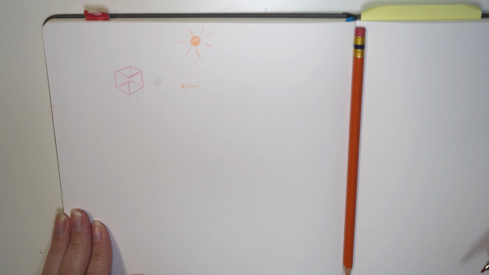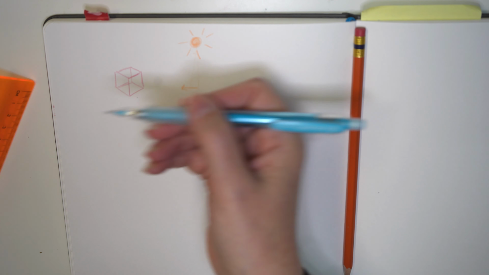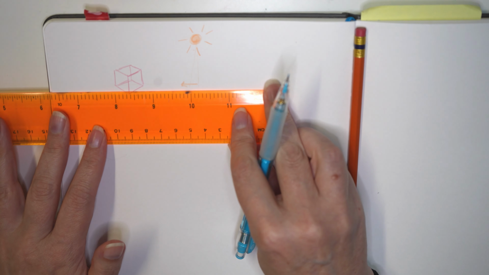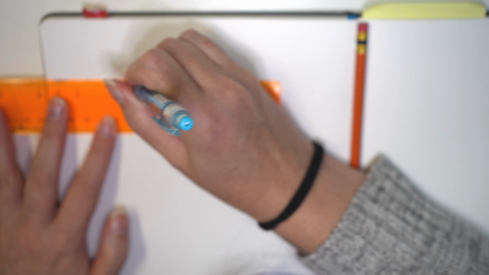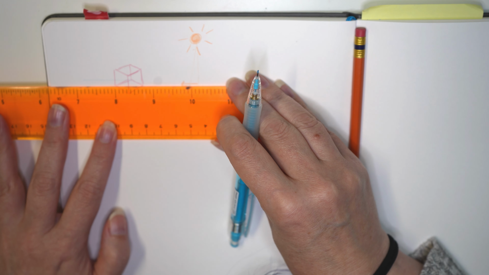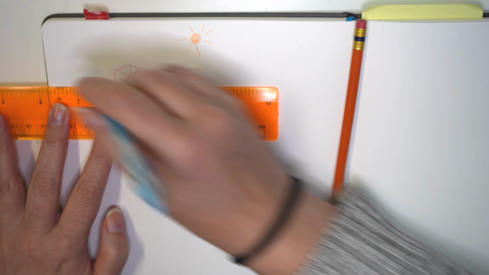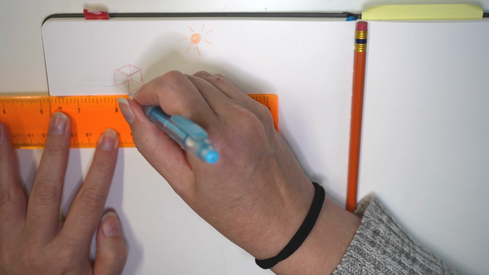So now I'm going to draw some lines coming off the corners of my cube going that direction, because that's the direction that the light will be coming from. I'm just going to draw them pretty straight out. I don't know how long they need to be right now. I'm just drawing long-ish lines from each of these three corners.